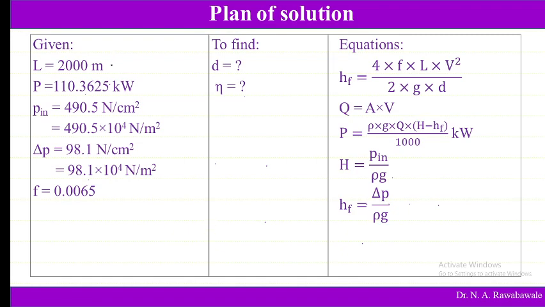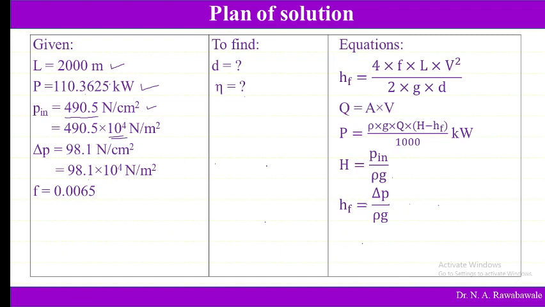So in this problem, length of pipe is given, and power to be transmitted is given, that is 110.3625 kilowatt. Pressure at inlet is given as 490.5 Newton per centimeter square. When we want to convert this from Newton per centimeter square to Newton per meter square, we have to multiply by 10 to the power of 4.